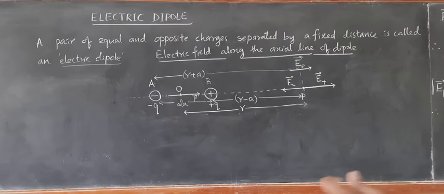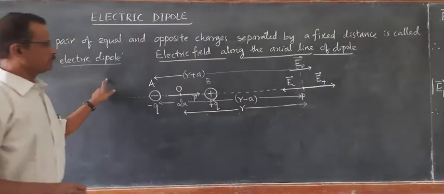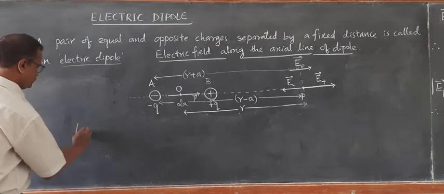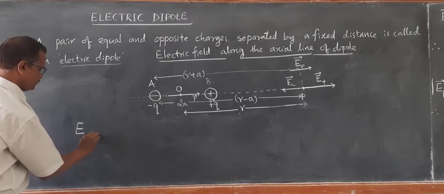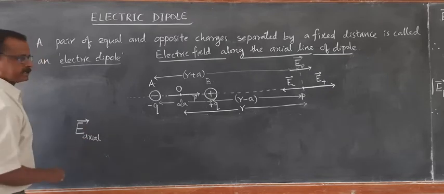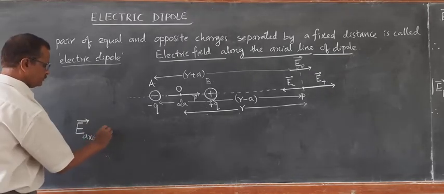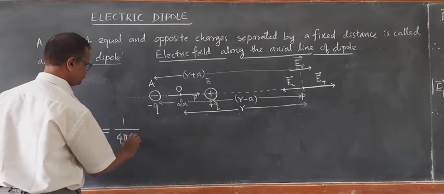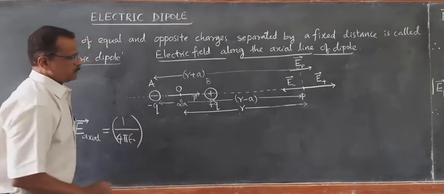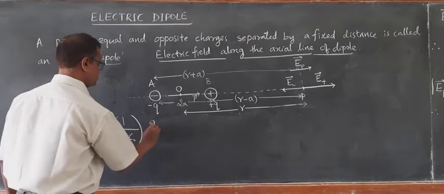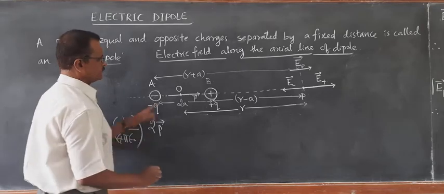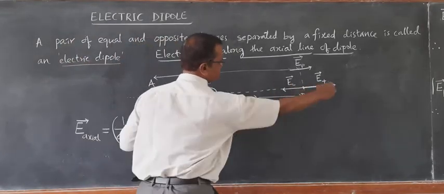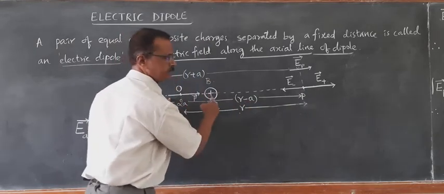So now I am writing electric field due to electric dipole along the axial line in the vector form. E axial vector is equal to 1 upon 4 pi epsilon naught into 2 times P vector. It is evident from this diagram also, net electric field is directed along this axial line, which is along the direction of dipole moment.